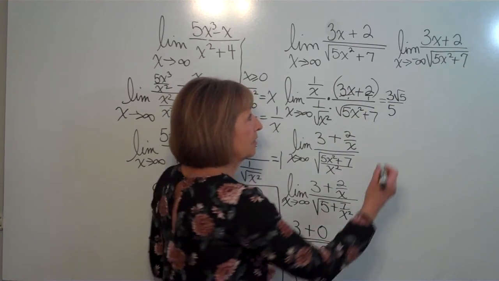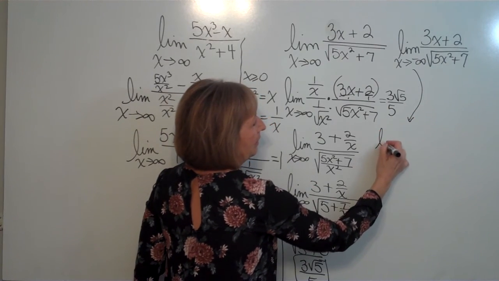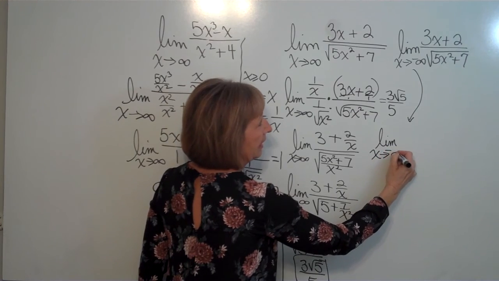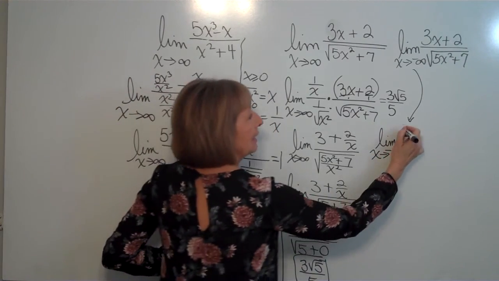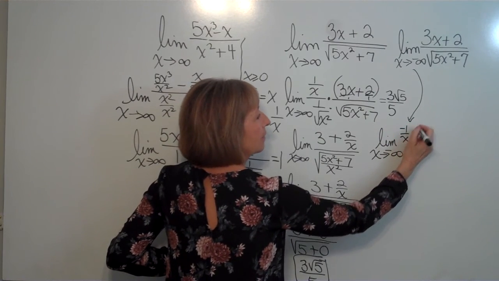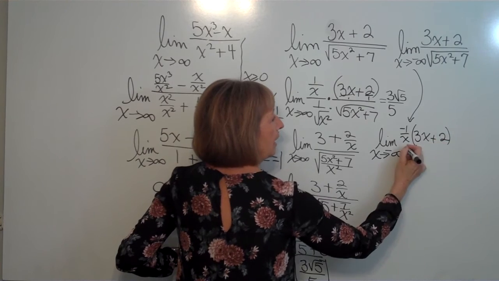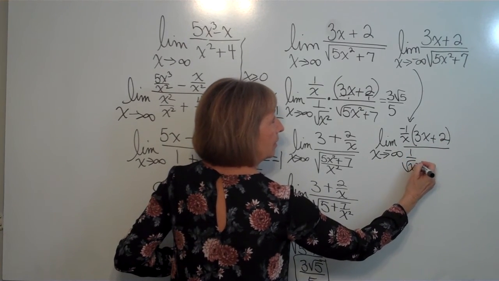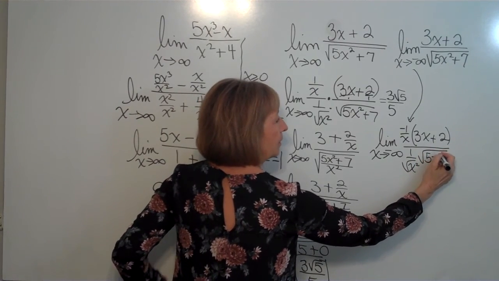So then working this through, we're going to bring it down a little bit here. That's the limit as x approaches negative infinity of negative 1 over x multiplied through the 3x plus 2 and 1 over the square root of x squared multiplied to the square root of 5x squared plus 7.